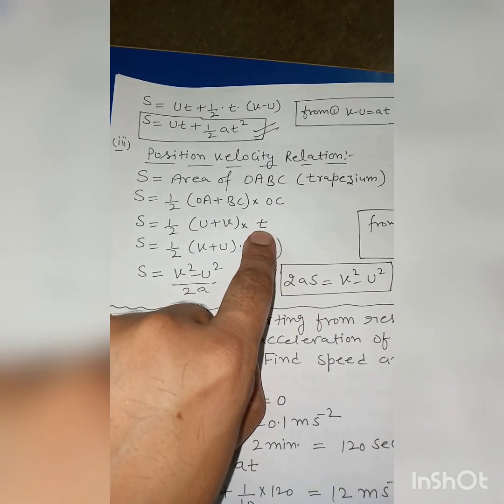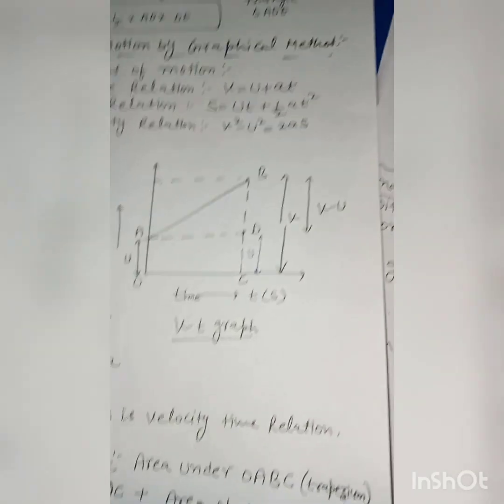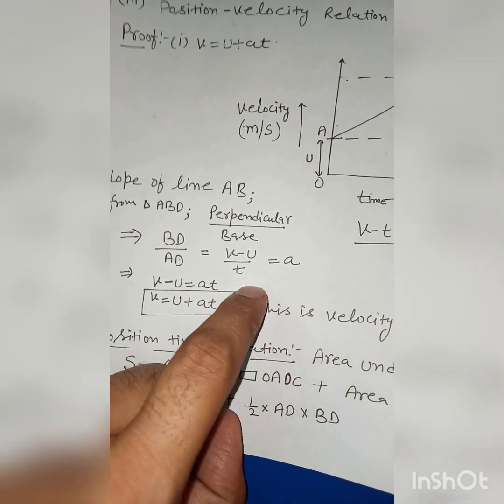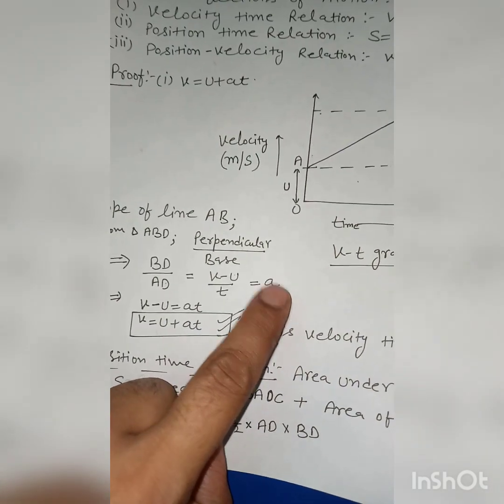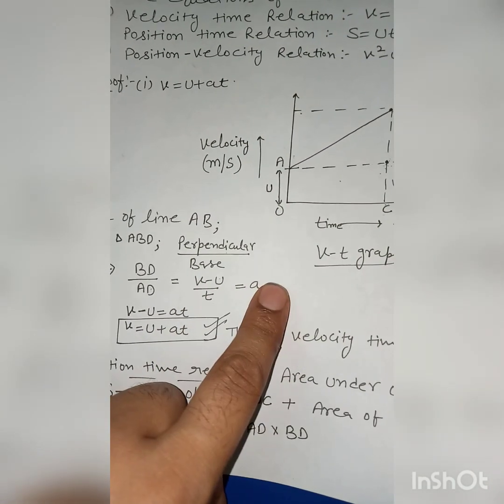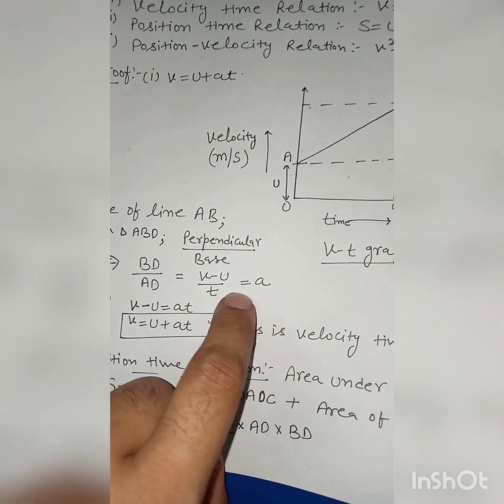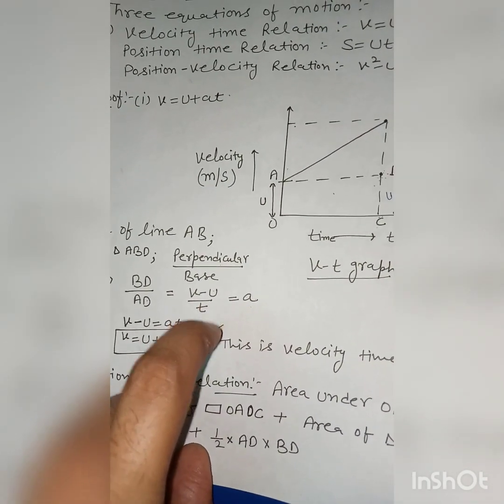Now put the value of T from this relation. Find the value of T from here. T will be V minus U upon A equal to T. Now put this value of T here.